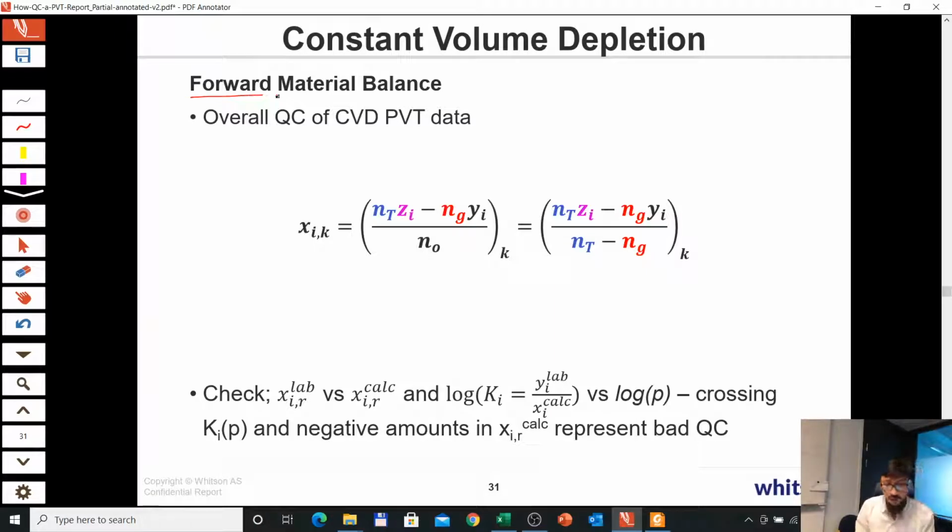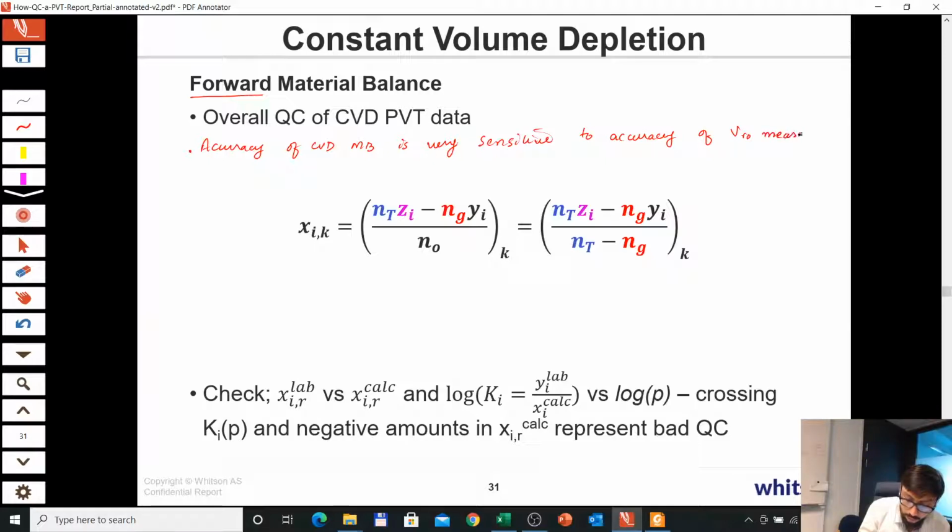So since, as I mentioned, it's using the relative oil volume at each pressure state, the accuracy of CVD material balance is very sensitive to accuracy of VRO measurement.